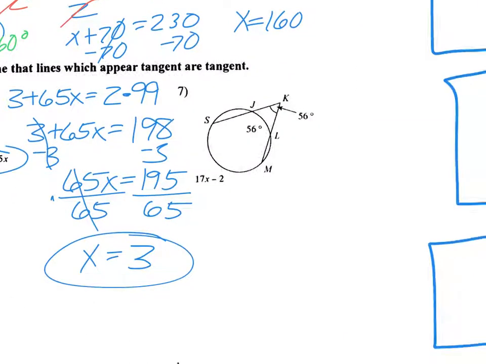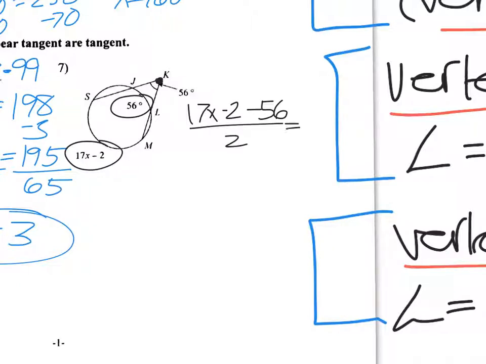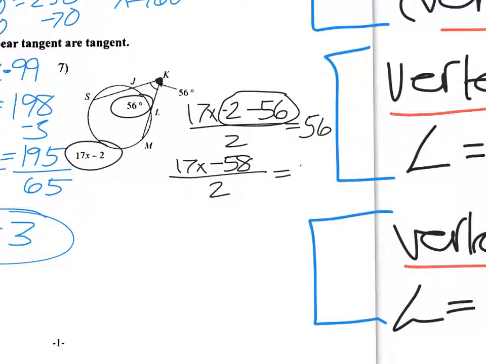Okay. What about this one? Where's the vertex? That's what you always start with. Vertex is outside. So what do we have? Big arc minus small arc, divided by 2 equals the angle. So I'm going to simplify on the top here. Those combine, so that's going to be negative 58 over 2 equals 56.